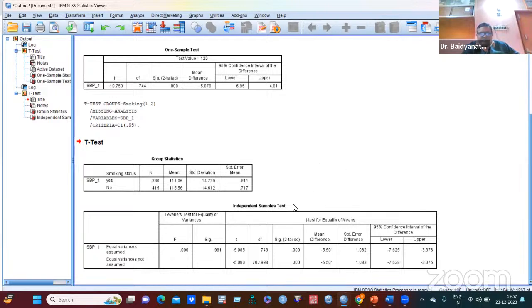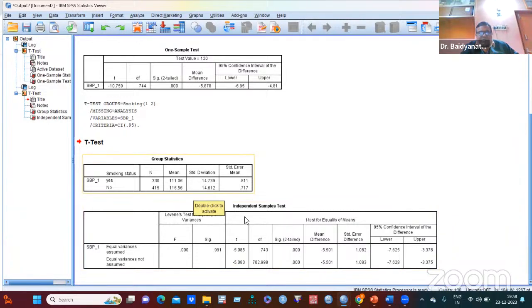Here, first is Levene's test for the equality of variance. Since there are two groups, there are two variances. That is, one standard deviation squared means variance, and another is here. Our assumption is that the two variances are equal. So check here the F value and the corresponding p value, which is not significant. So we can say we meet the homogeneity of variance.